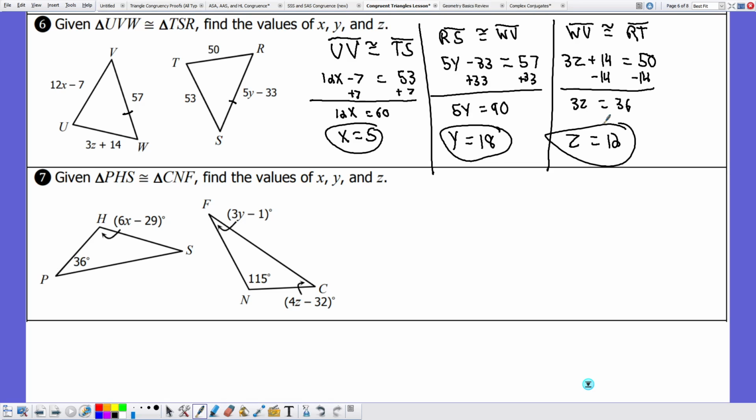Angle H has the x value in it, and in this case, H is congruent with N. Substituting each value, we have that 6x minus 29 is equal to 115. Let's add 29 on both sides, and we get 6x equals 144. Dividing by 6, we get that x is equal to 24.